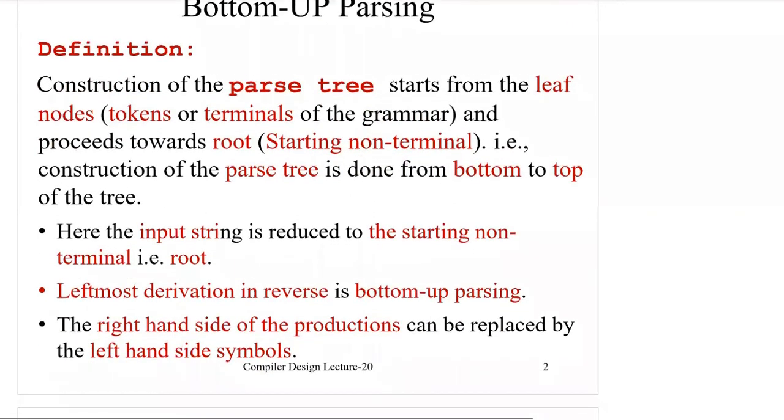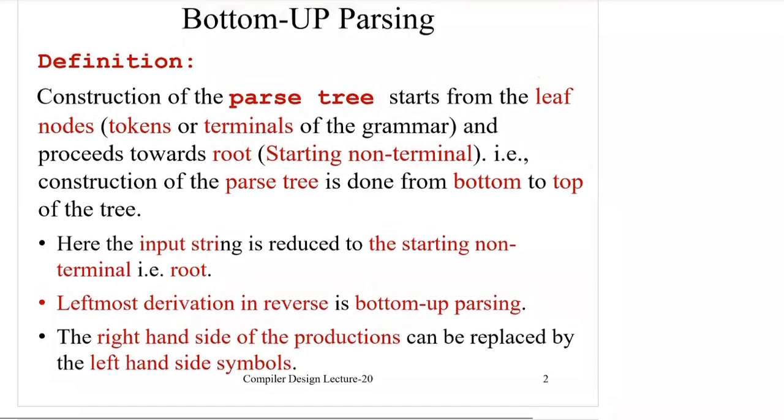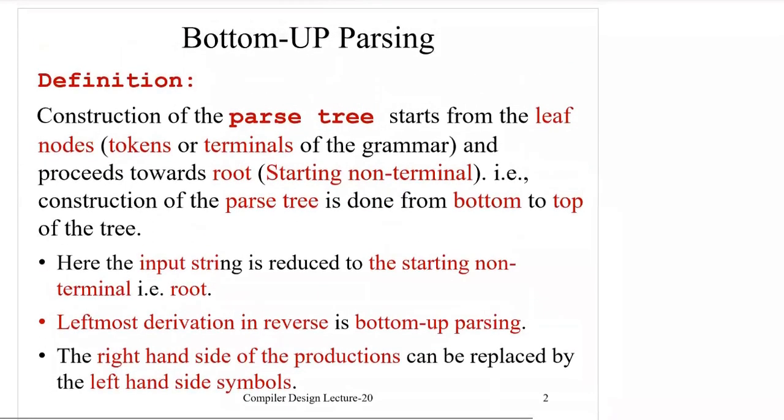As we already discussed briefly about top-down parsing and bottom-up parsing at the start of the parser topic, let us recall the definition of a bottom-up parser. Construction of the parse tree starts from the leaf nodes. What do leaf nodes contain in a parse tree?